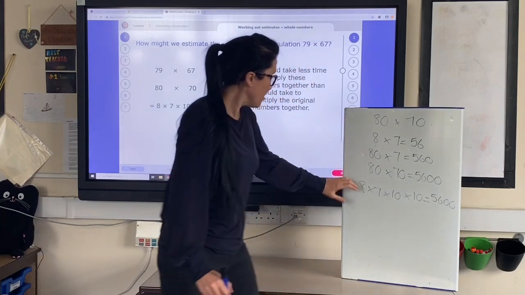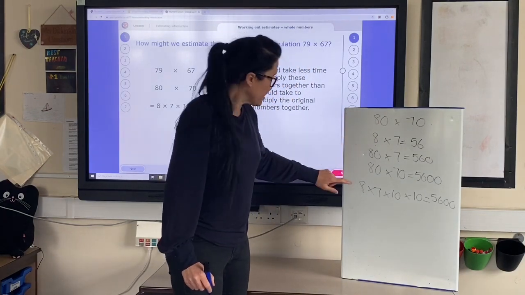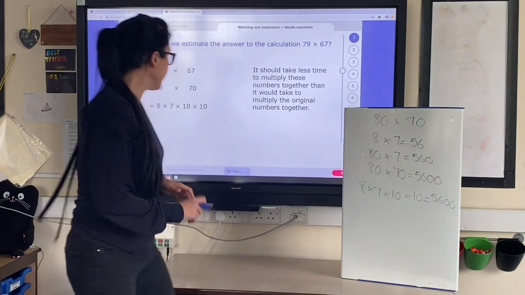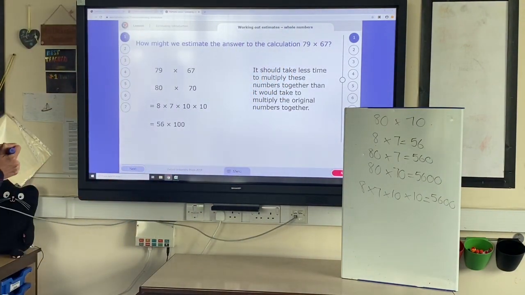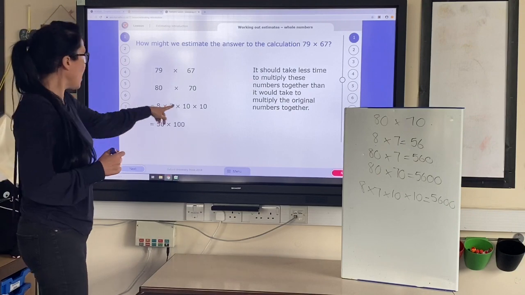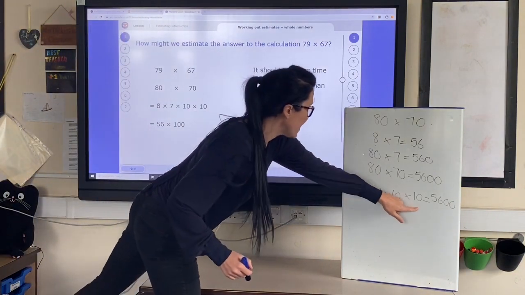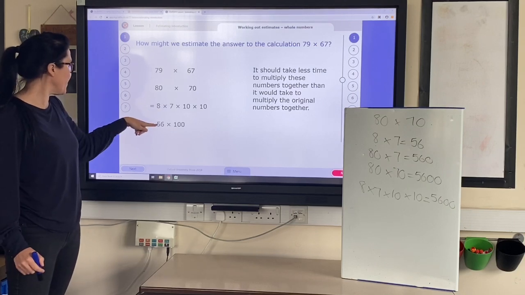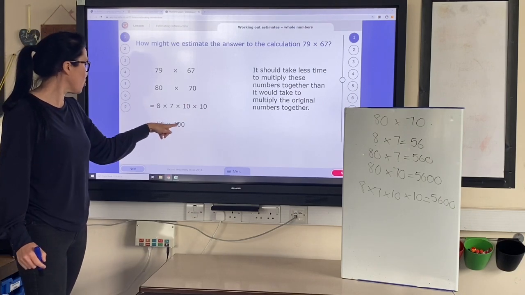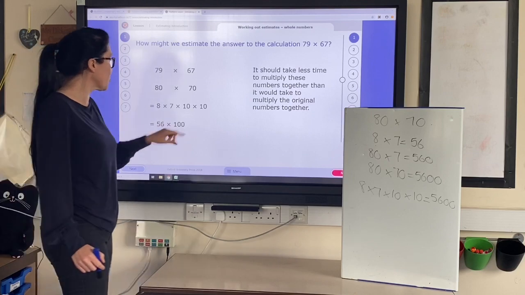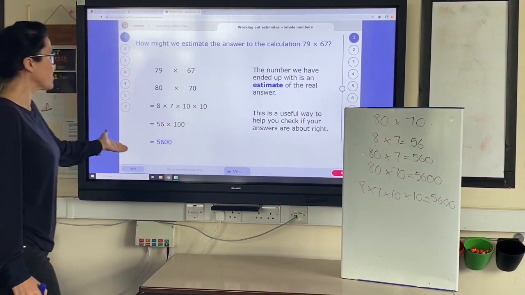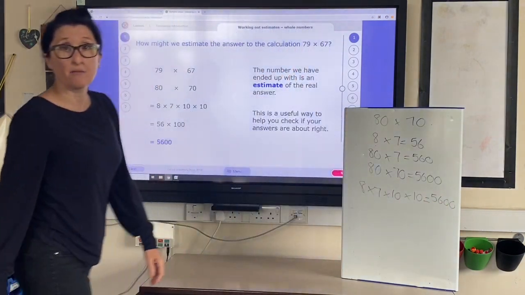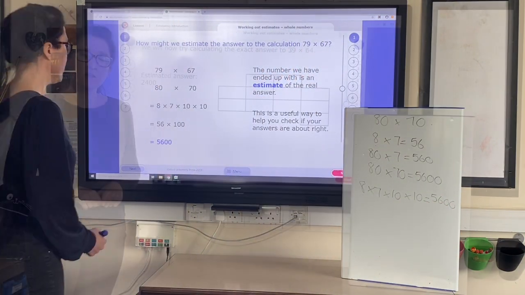So that there is what I've broken down to show you the steps that I've taken to get to it. Okay. So on here, 8 times 7 times 10 times 10, it's calculating it out now in steps. 8 times 7 is 56. 10 times 10 is 100, which leaves us with 56 multiplied by 100, which gives us 5,600. And you'll see exactly the same answer that we came to there. Okay.